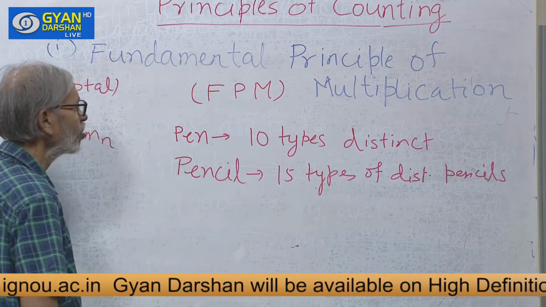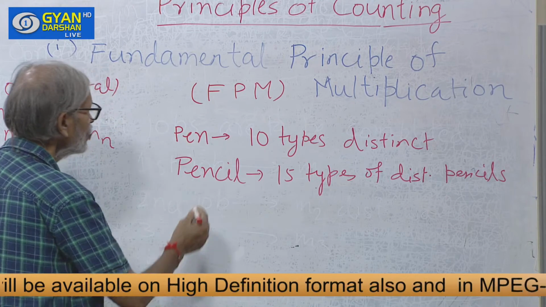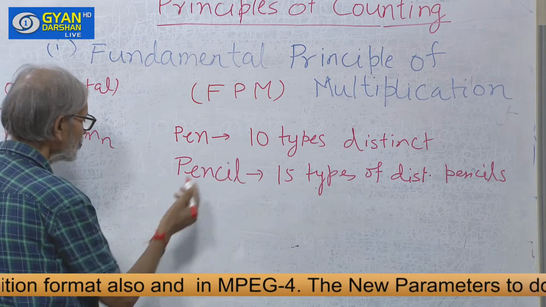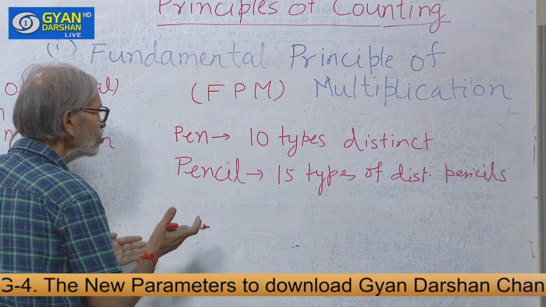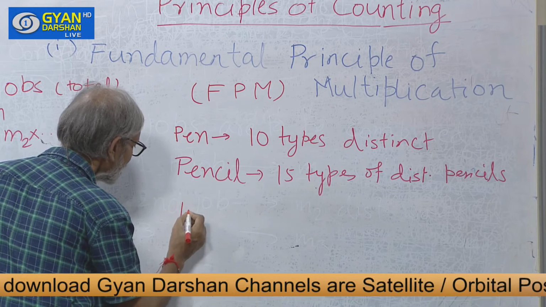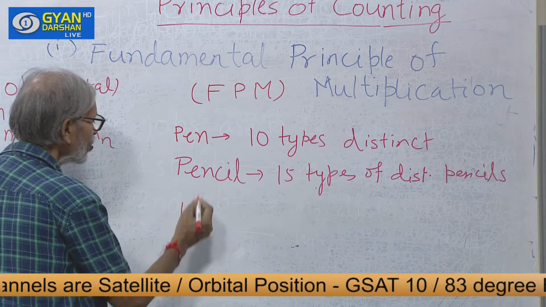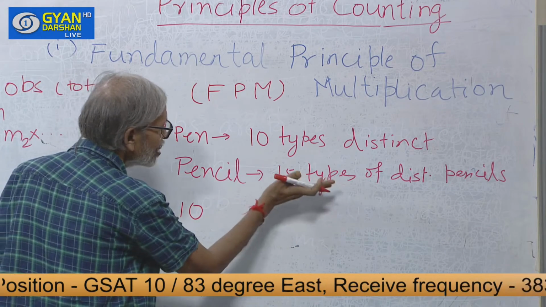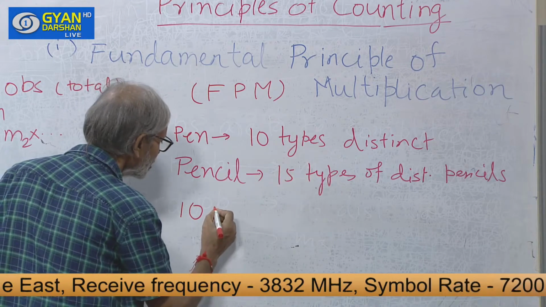So, according to the fundamental principle, how many ways can you select a pen? Out of 10 types, you will select only one pen, but your options are 10. So, you can select the pen in 10 ways, and again you have to select a pencil, that you can select in 15 different ways.